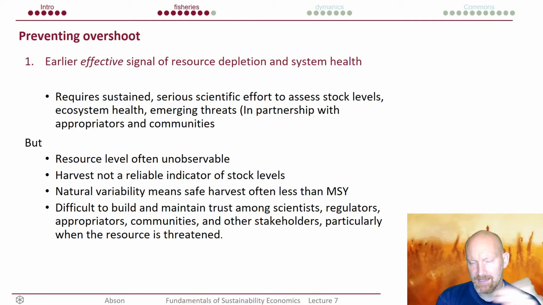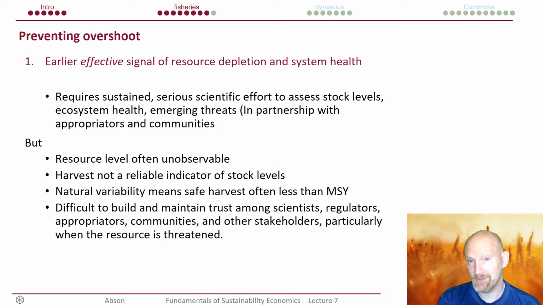And as I said, it's not just fisheries where you see that. You also see similar tensions between conservation organizations and farmers, for example, where there is no shared understanding about how the situation is. So having that early effective signal is what you need, but it's difficult because resource levels are often unobservable.